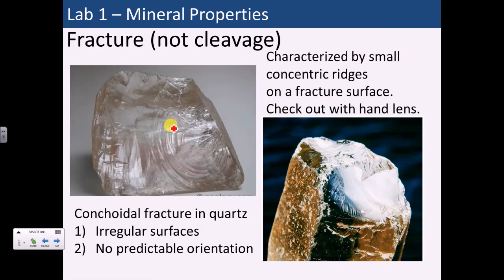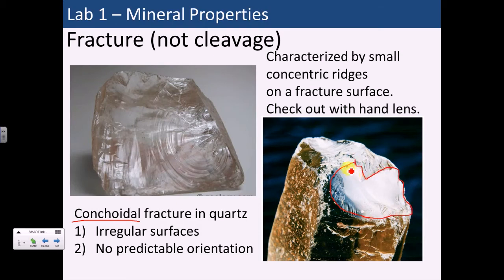All right, fracture. All minerals are fractured. They've been fractured from something else, but they're typically irregular fractures. We're looking for something, in this case, called conchoidal fracture. It is a series of smooth ridges and curved fractures that are not irregular.